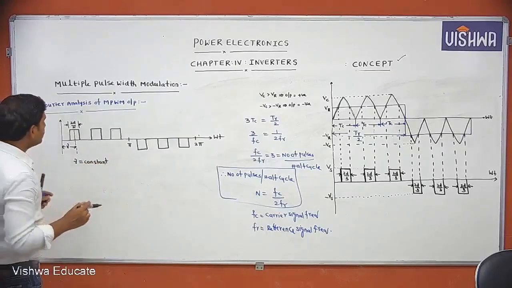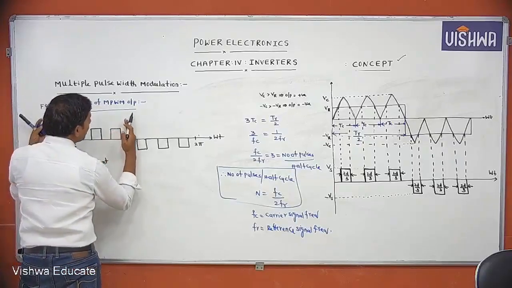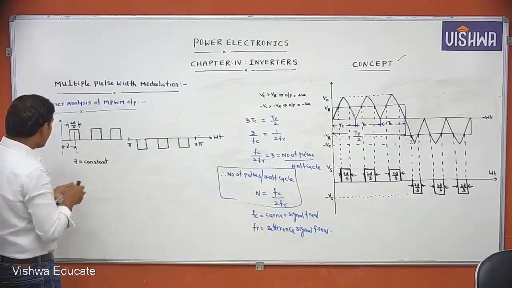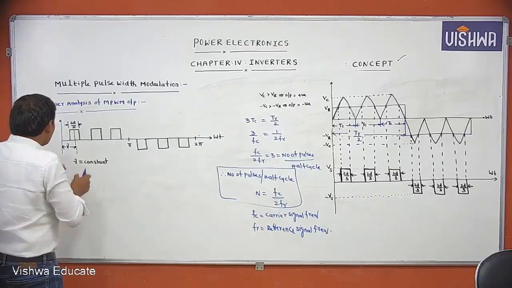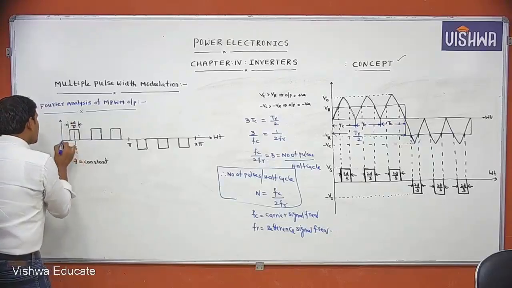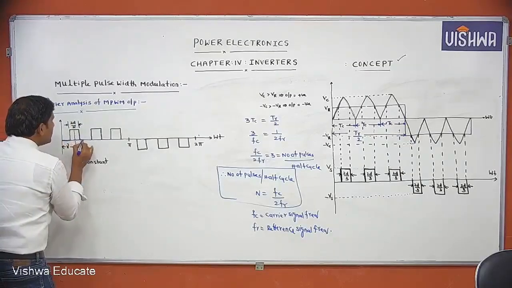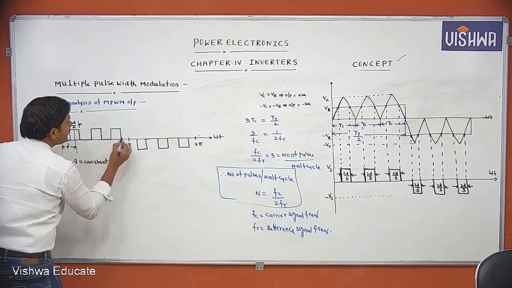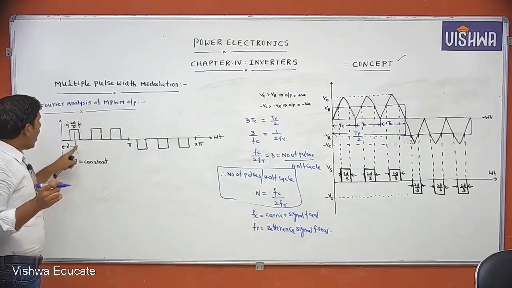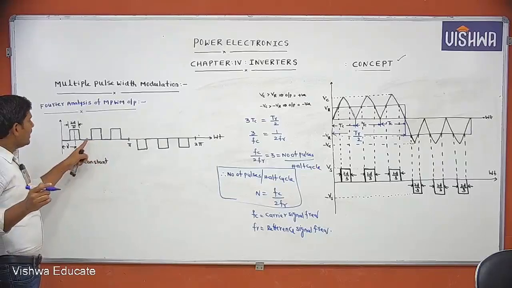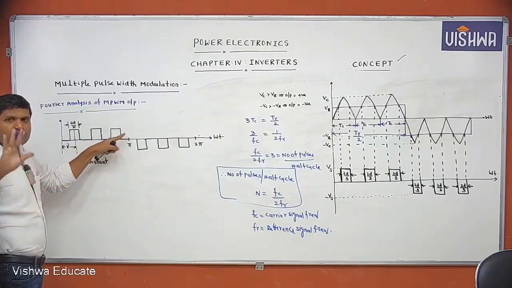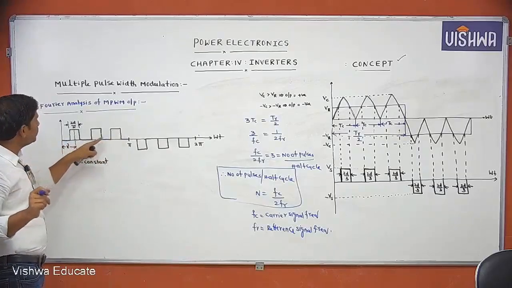One observation here. In this half cycle, how many pulses are generated? 3 pulses. Each is a pulse width, but these are space widths. In half cycle, if there are 3 pulses, how many space widths are generated? 4 space widths are generated: 1, 2, 3, 4.